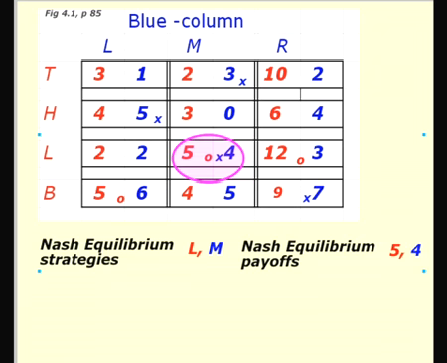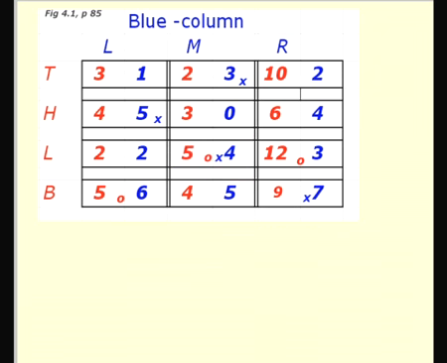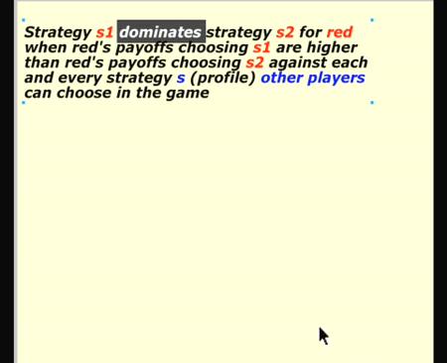Okay, now, before we go to the next round of chocobars, I want to just talk about this idea of dominance. When we talk about one strategy dominating another strategy, okay, so we've got a pair of strategies, and remember, you can look at it from the perspective of each player.